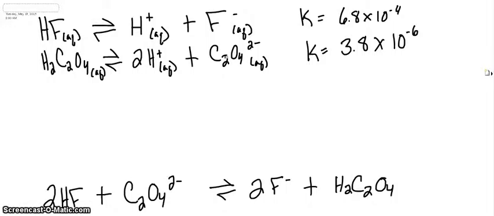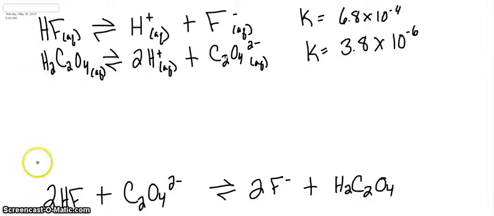Our second reaction is H2C2O4 goes to 2H plus C2O4 2 minus, where the K value is 3.8 times 10 to the negative 6th. And once we're done manipulating it, it needs to add up to 2HF plus C2O4 2 minus goes to 2F minus plus H2C2O4.